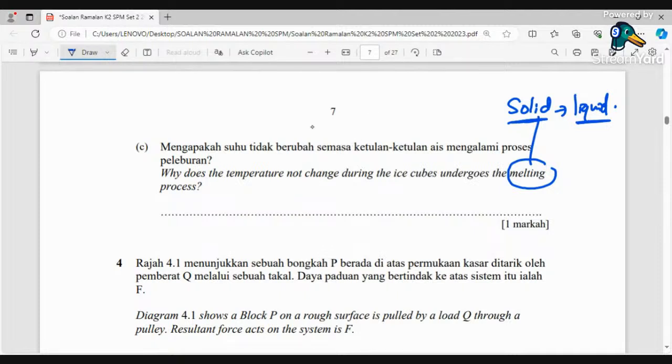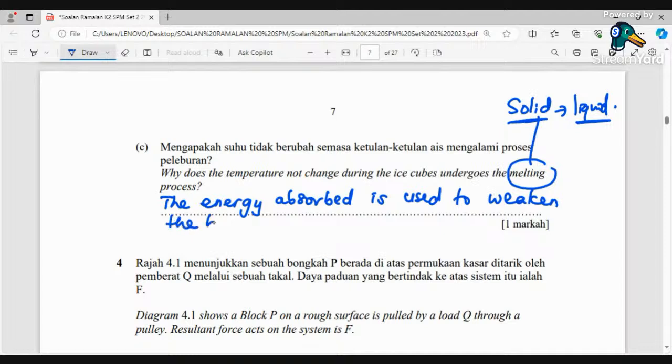Okay, so you write down the answer. The energy absorbed is used to weaken the bonds between ice molecule. 1 mark only.